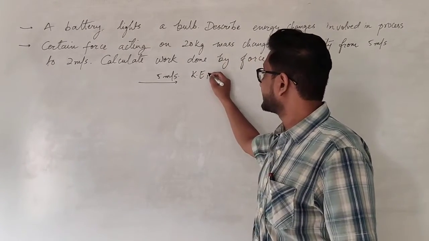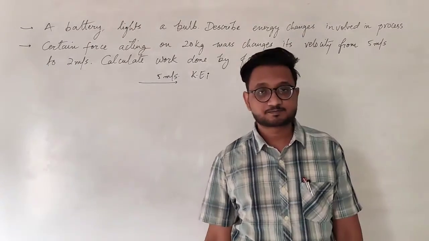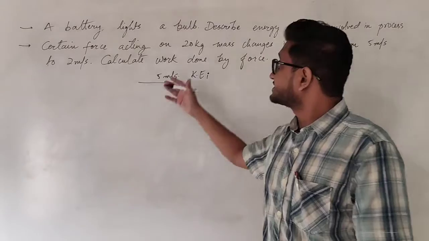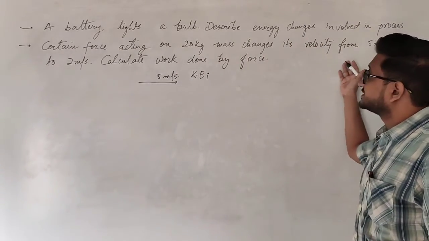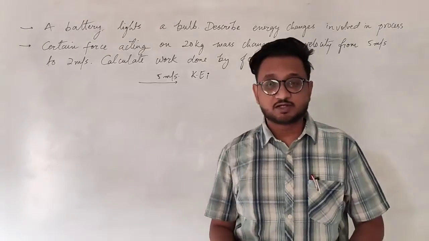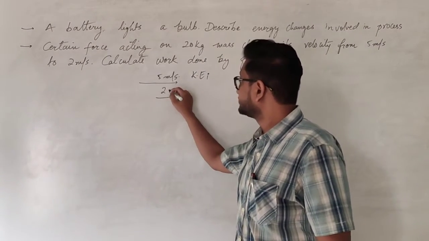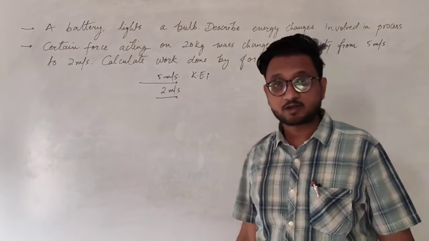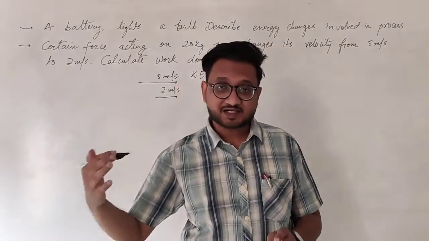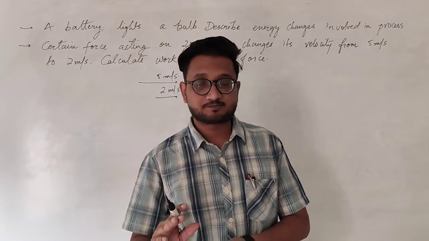So I am writing kinetic energy I, that is initial kinetic energy. Next, its velocity is changed to 2 meters per second. So a certain force is acting in the opposite direction so that the velocity is reduced.